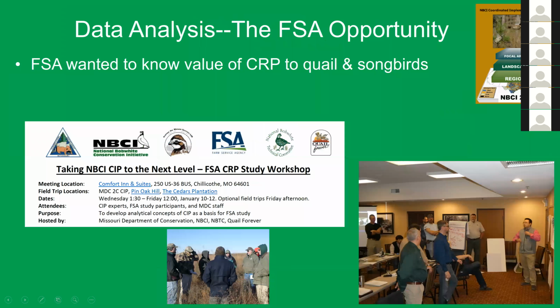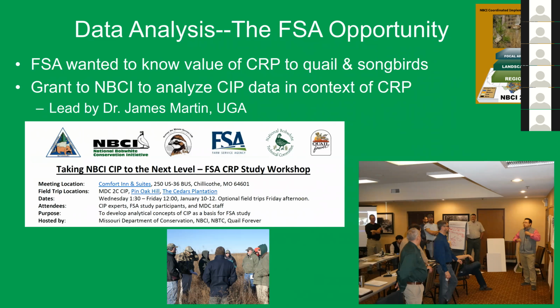Most notably, the thing that's changed just in the past year is the opportunity to do data analysis. It was something on paper that we were going to do, but we happened to come up with funding from FSA because they wanted to know how CRP is benefiting quail. We said, well, we have a program for evaluating that sort of thing, and convinced them to fund the analysis that is going to be the prototype for analysis that would take place on CIPs that do not have private land and CRP.